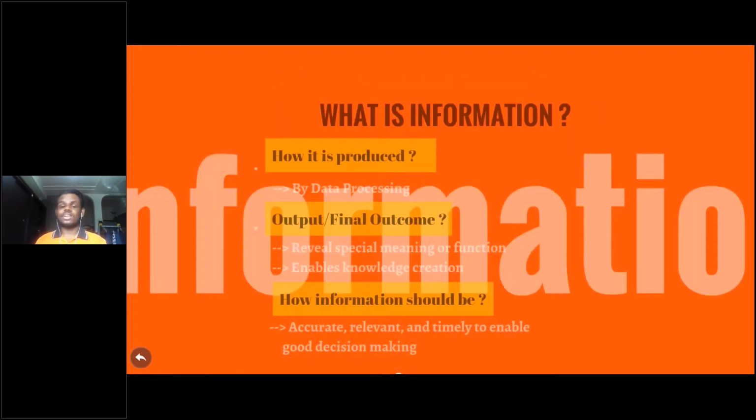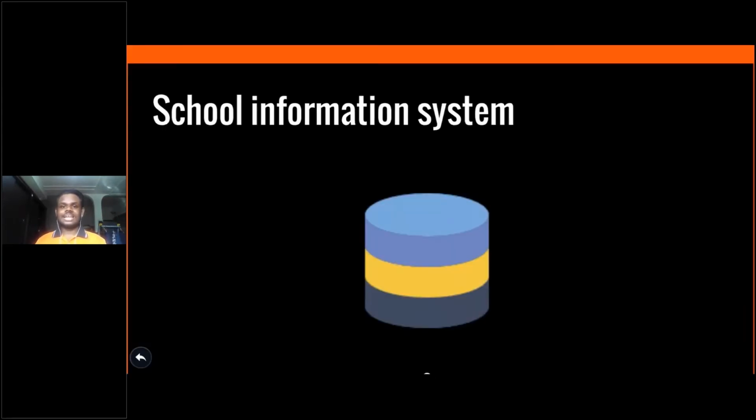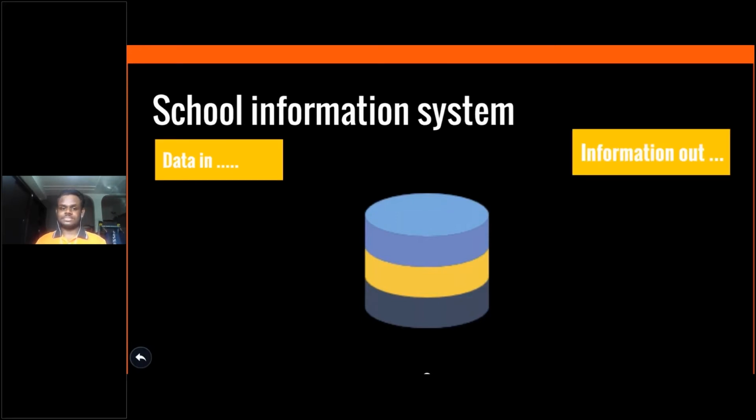I know there's a lot of information over here. Let me show you an example: a school information system. Here we are giving the data in and taking the information out. In a school information system, we are inputting each student's score.